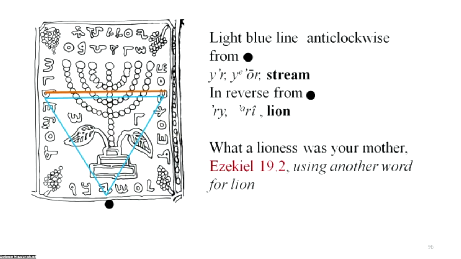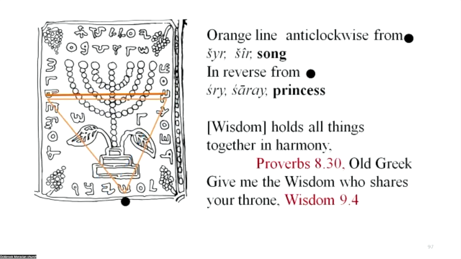Wonderful picture. You could imagine this fierce woman with her sons. Now, the kings in question had different actual mothers. They were from the kings' different wives. So this is the heavenly mother, and she's the lioness anyway. Now, the next one, the orange line again, anti-clockwise from the bottom.